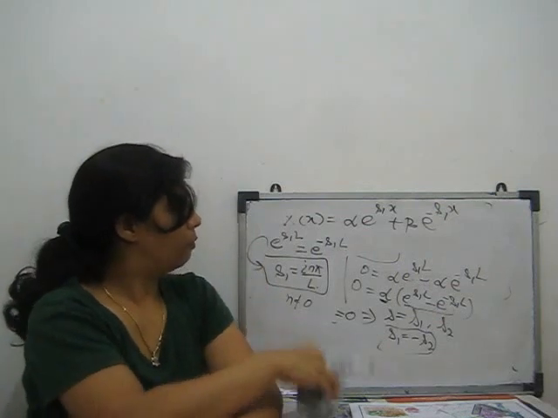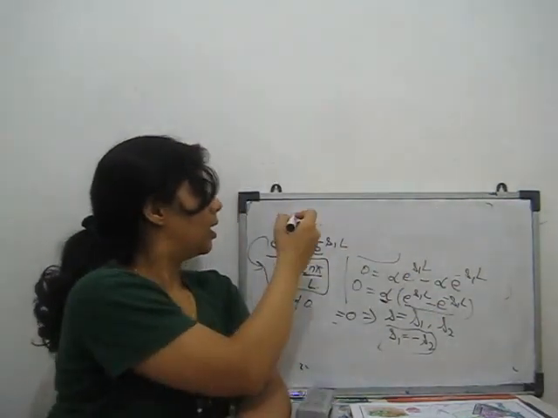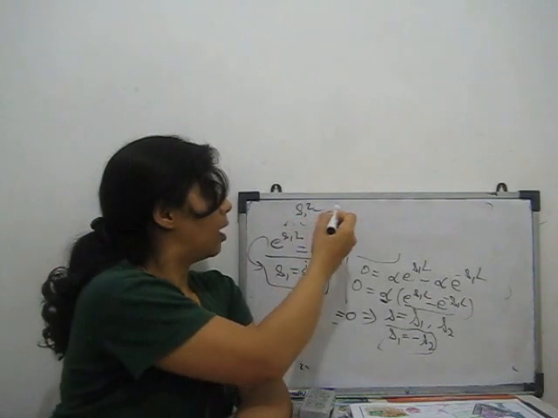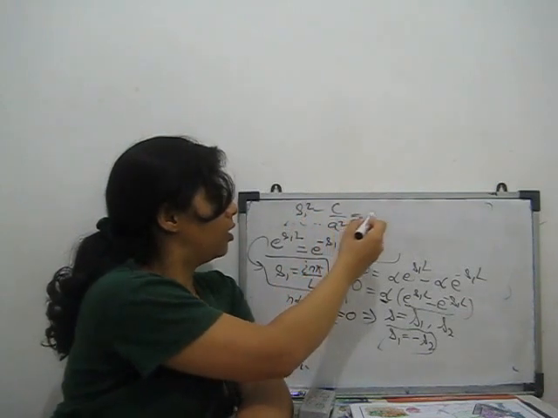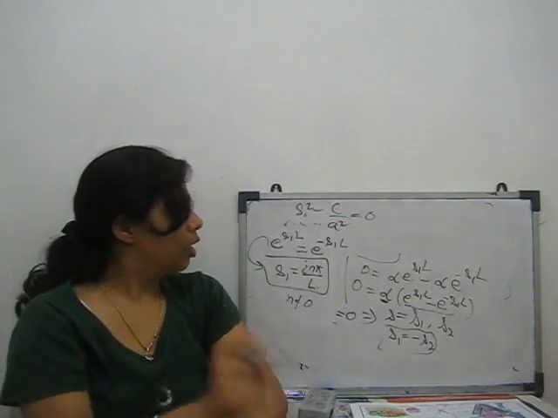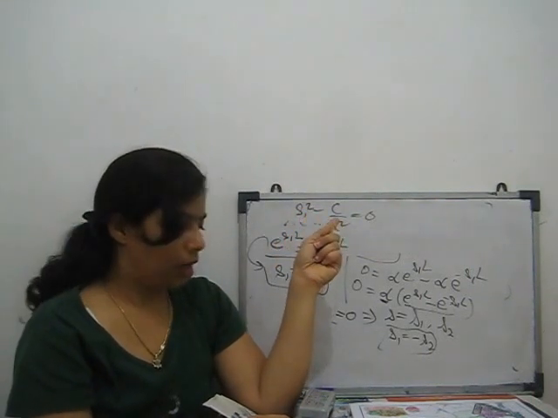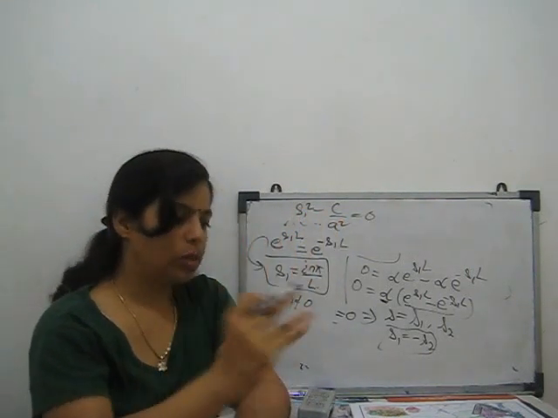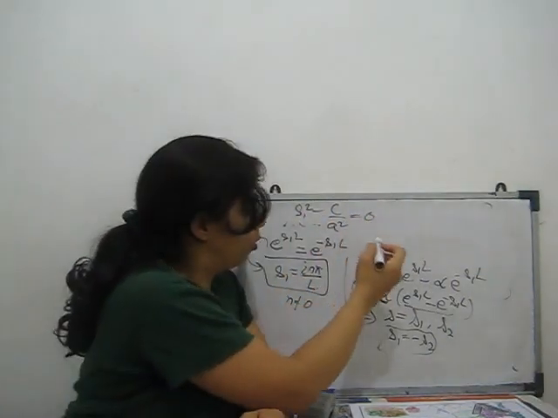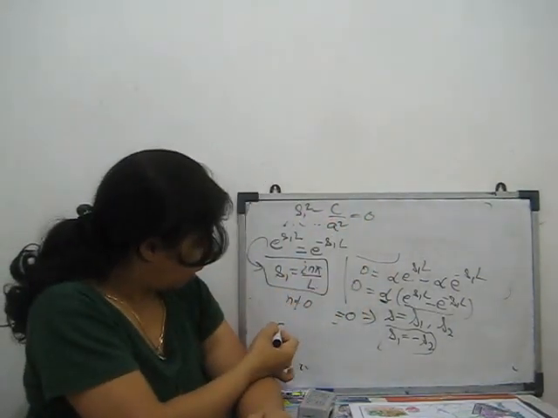Next, we have one equation: s1 square minus c by a square equal to 0. Clear? So if I substitute s1 here, we will find the value of c, the constant.